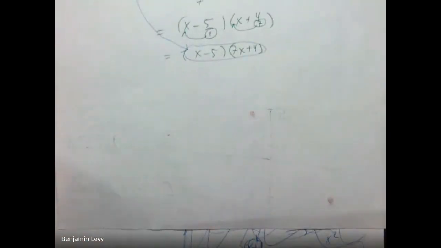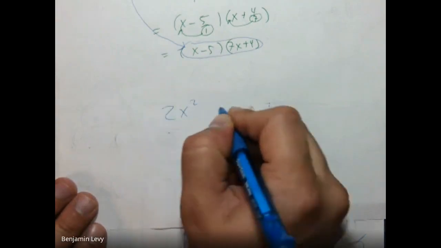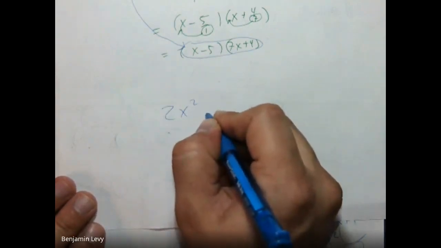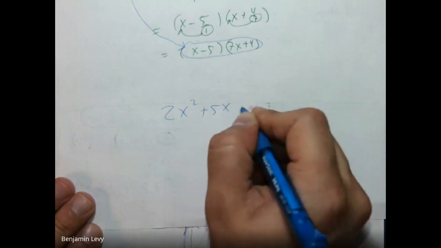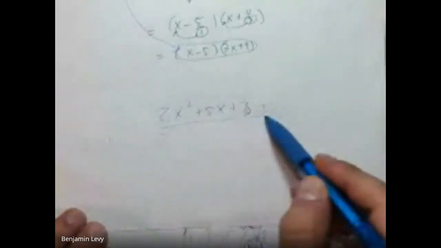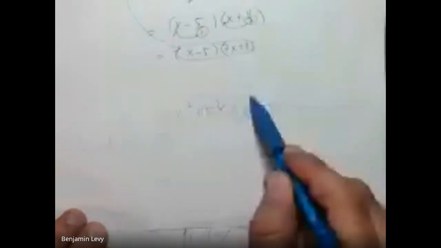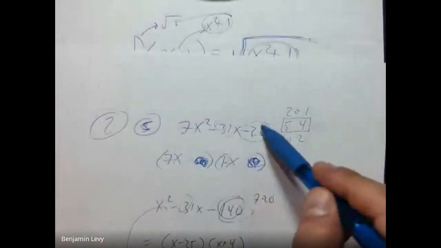All right. The question that you're going to see more on the test is going to look more like 2x squared, oh gosh, I don't know, let's see, like 1 plus 5x plus 3. I'm not even positive that can be factored, but that's a little bit easier to think about because it's only a 5 and a 3 rather than a 31 and a 140 or whatever the original was, 31 and 20.